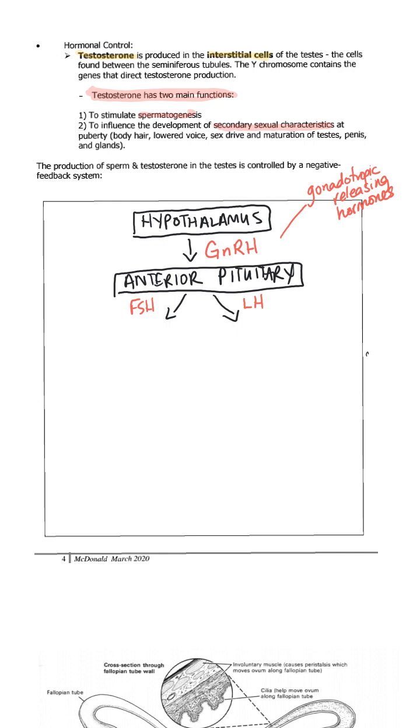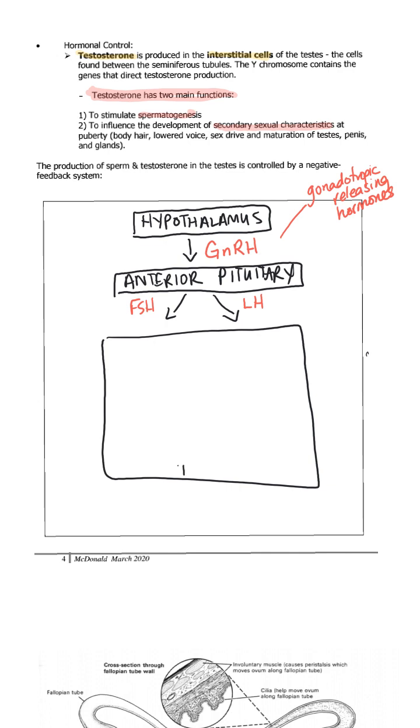Now, instead of drawing a small box here, I'm going to draw a larger box, and this larger box is going to represent the testes. We have two structures in the testes that we talk about: the seminiferous tubules and the interstitial cells.